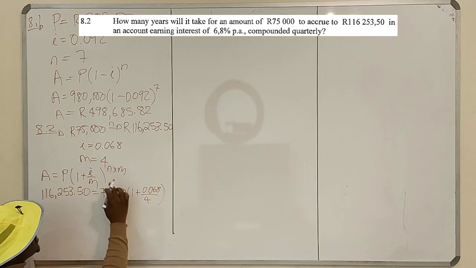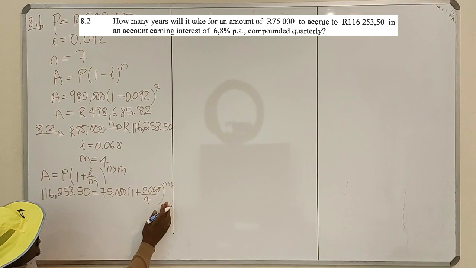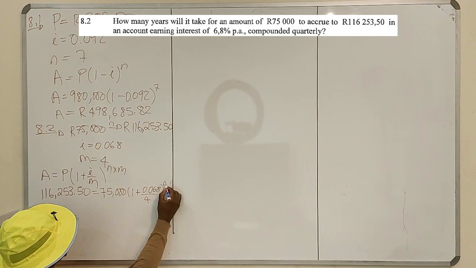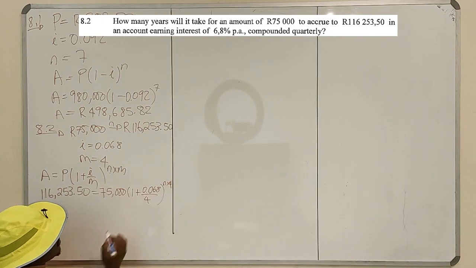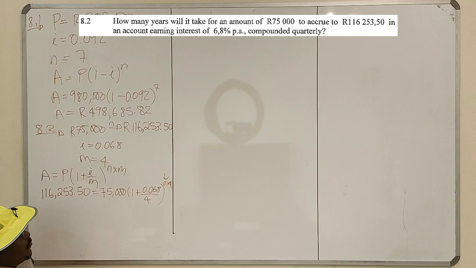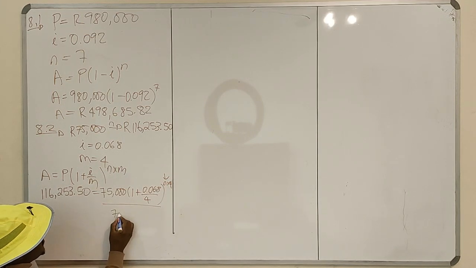Your m is 4, so you have n times 4. So you're trying to solve for n. You divide both sides by 75,000.